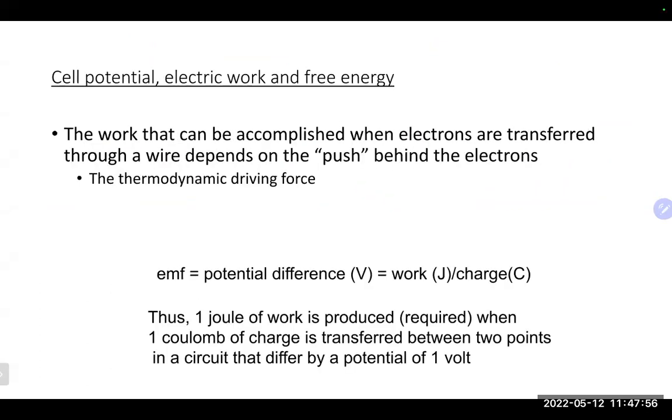So talking about cell potential or the voltage, these electrons can go out and really do some type of work, and we can associate our cell potential with our good friend delta G that we talked about in the previous chapter. The 1 joule of work produced or required by 1 coulomb of charge between 2 points is basically a volt.